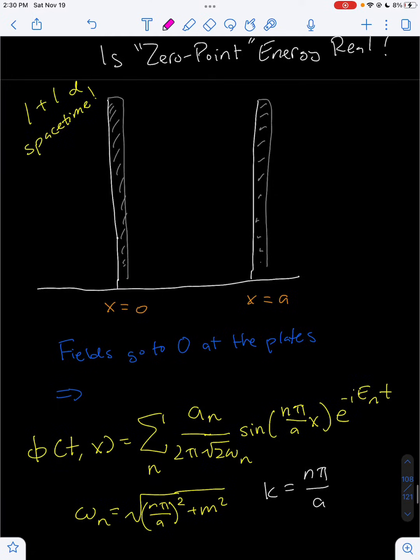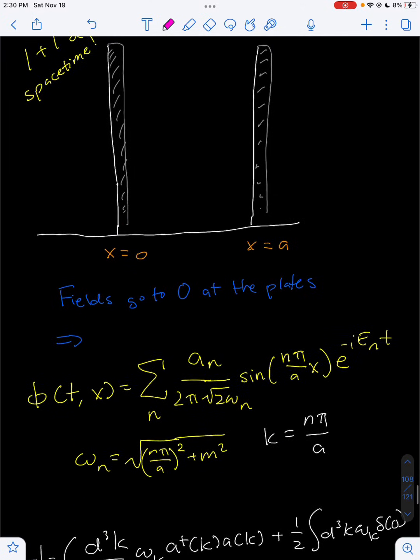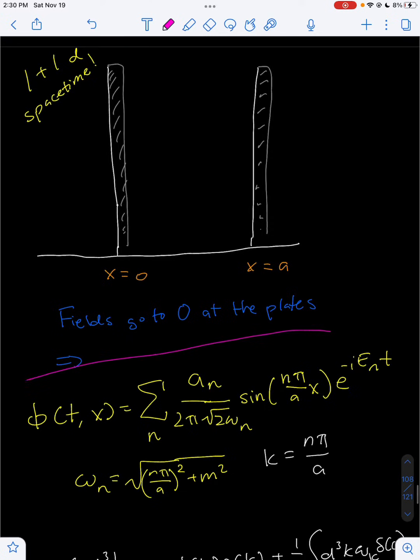And that is going to imply that our free scalar field looks like this over here. The fact that we have those boundary conditions makes our momenta quantized. There is momentum k equals n pi over a, where n is some integer value.